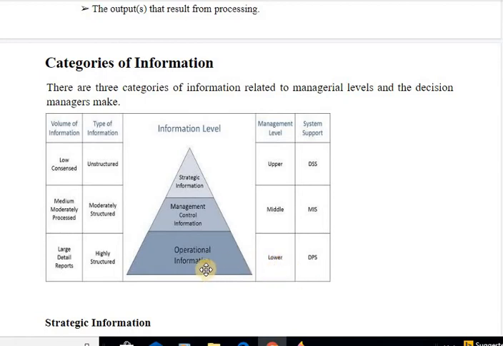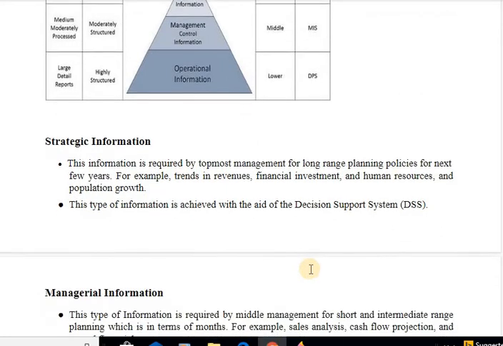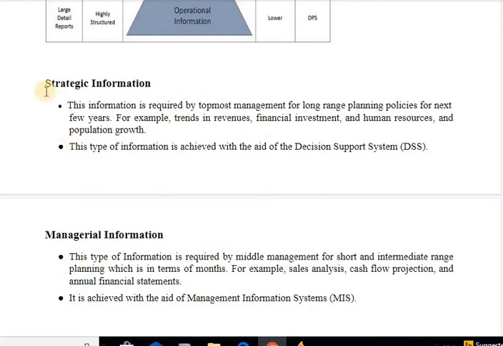So the systems supported at different levels of management are the DSS, decision support system, the management information system, and the last one is the operational system, that is DPS. We will see the individual levels of information, like what comes in strategic information. This is the information which is required at the topmost management, and for long range planning policies for the next few years.